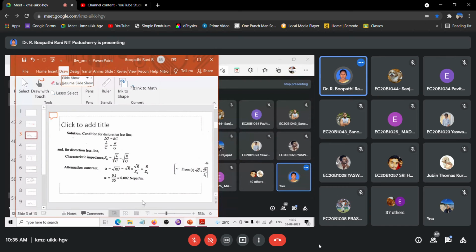This is the procedure. 0.002 neper per meter.